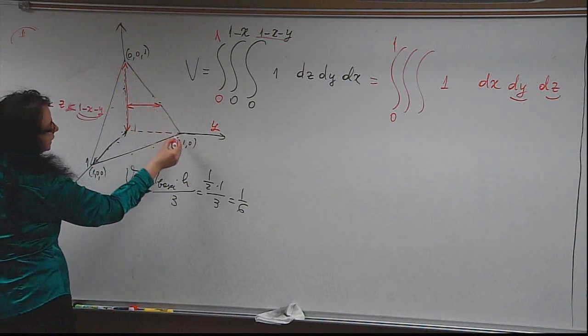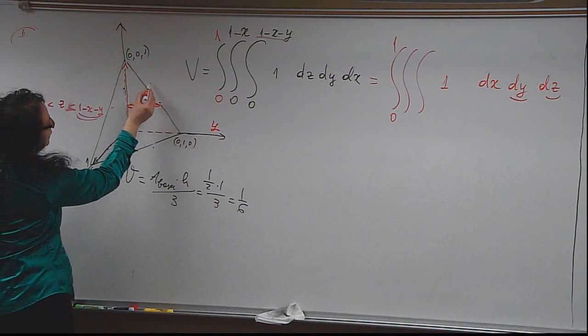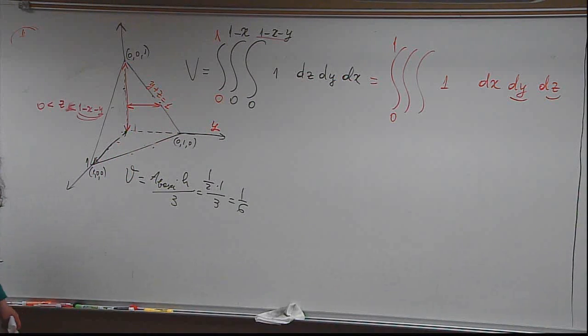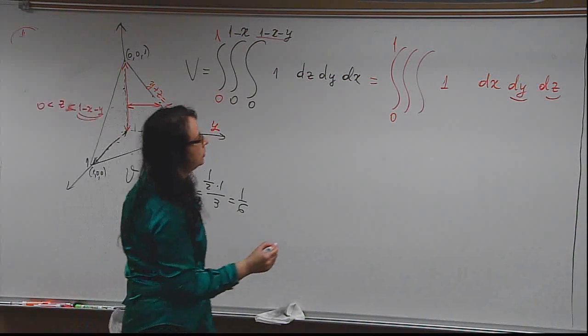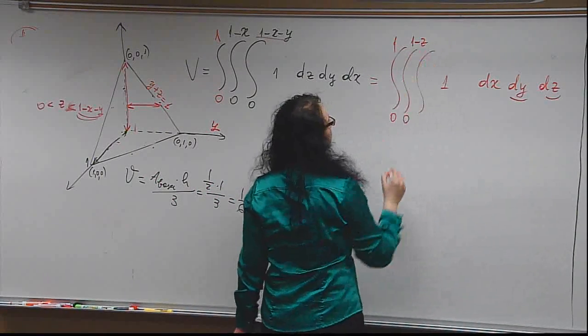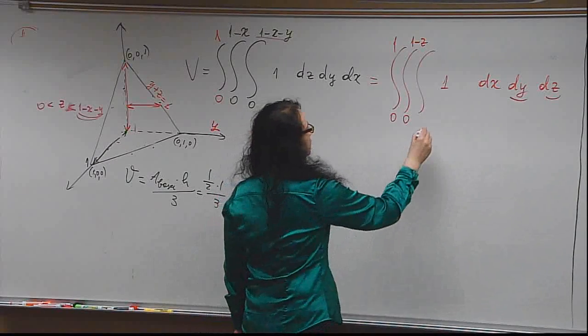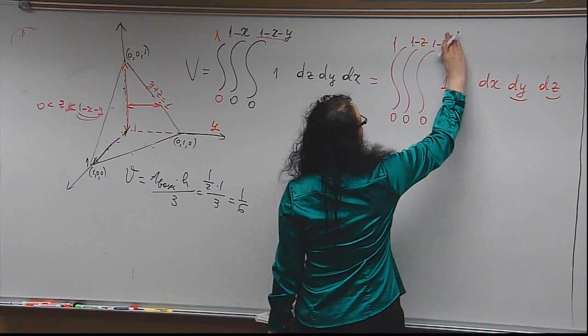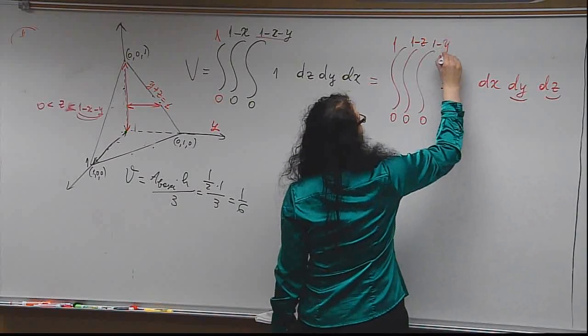You have to write down the equation of this line, which is y plus z equals 1. Are you guys with me? So y goes all the way from 0 to 1 minus z, and x goes all the way from 0 to 1 minus y minus z, the same thing.